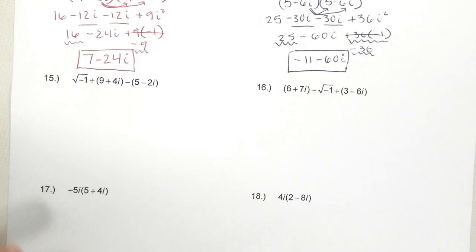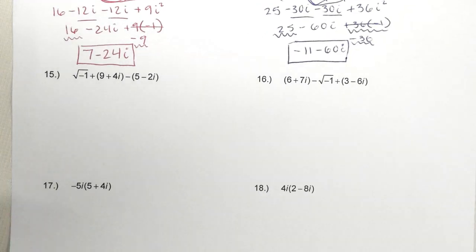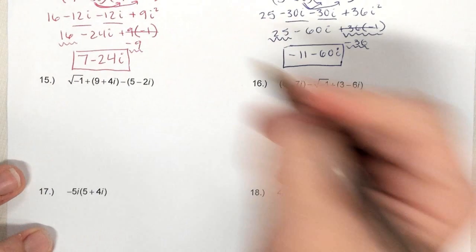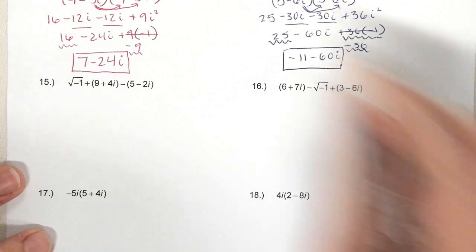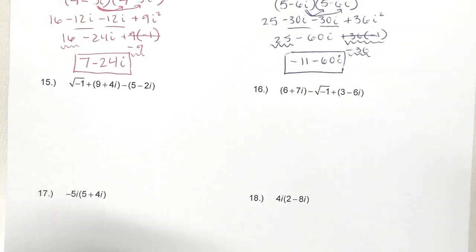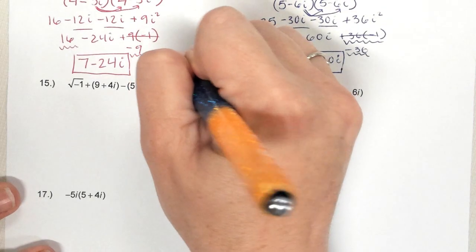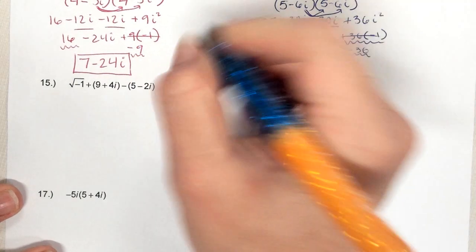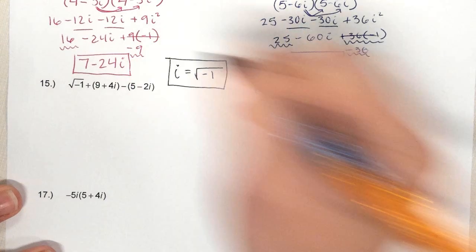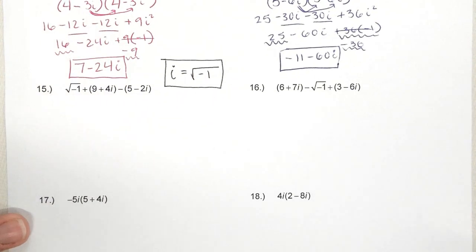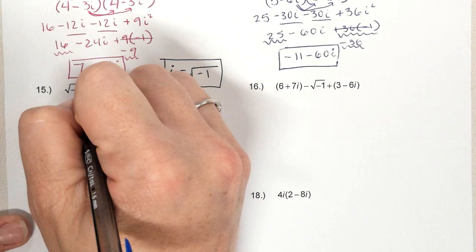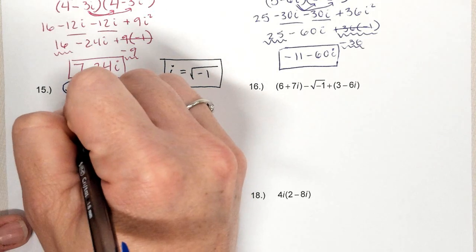Okay, these are a little different than ones we've done. We've done stuff similar to this, but not exact. I want you to realize that we know that i equals the square root of -1. So if you look here, I have the square root of -1, so that's just i.